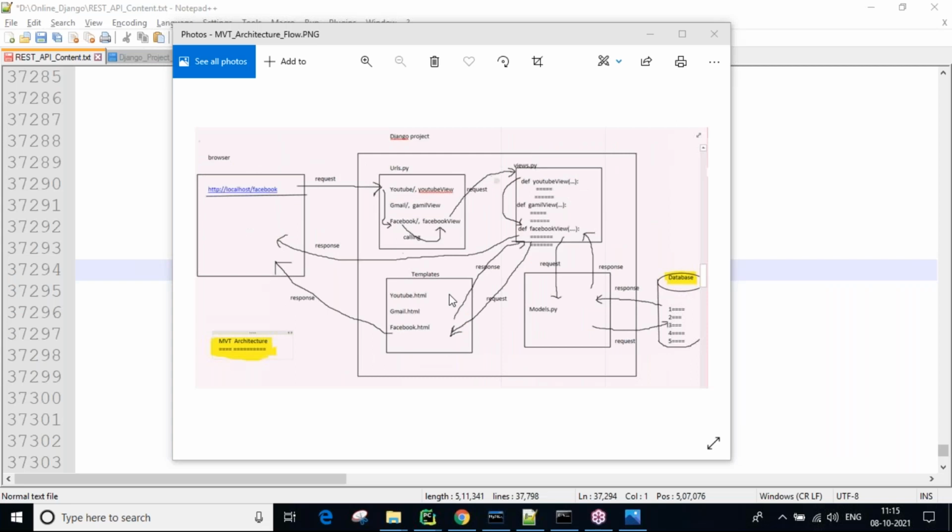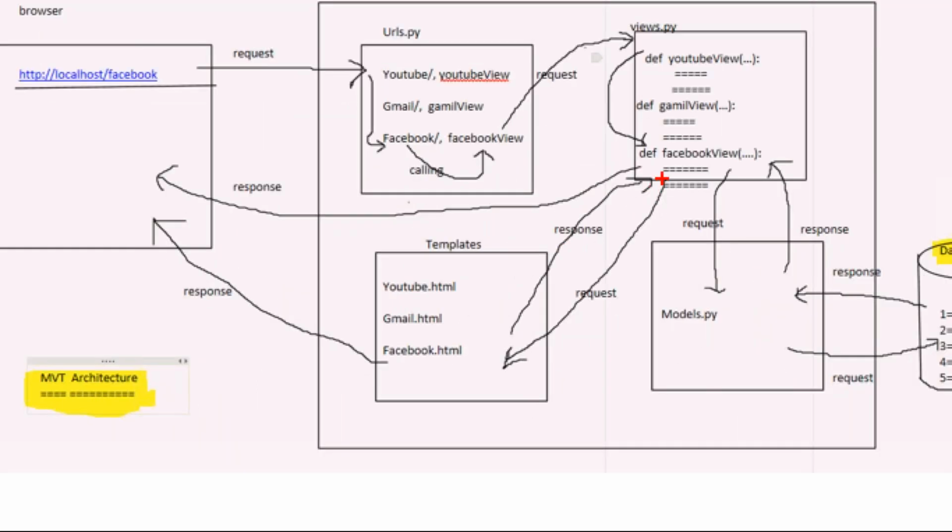Now, from the views file, the view communicates with the HTML template, and the template gives the response back to the view. Now the view sends this response back to the browser. This is one way, guys; there are multiple variations. Whenever our view calls a template, this template can give the response back to the browser directly.